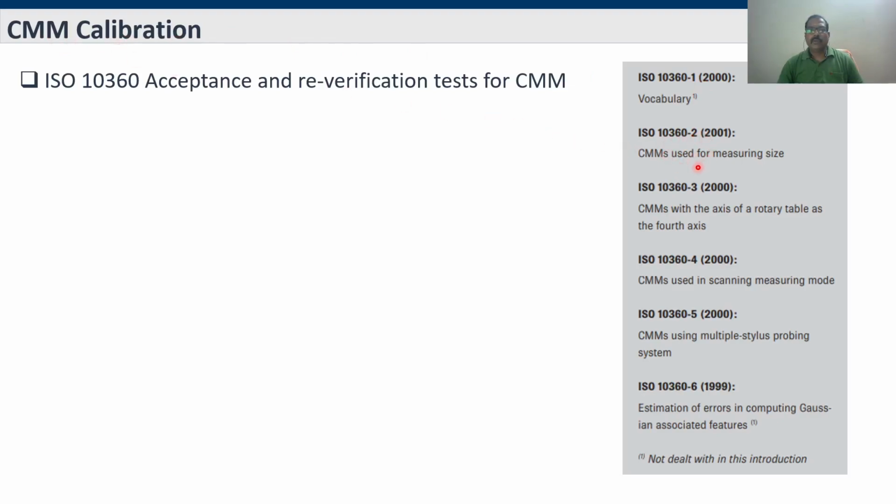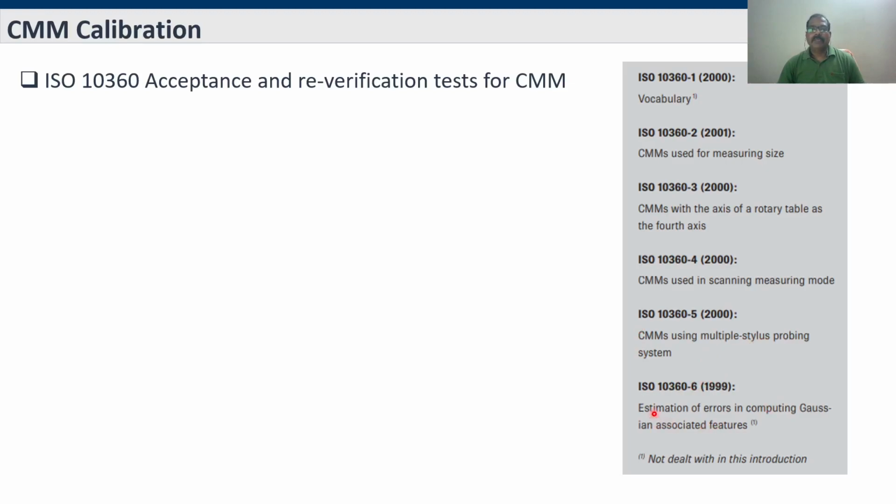Dash 2 explains CMMs used for measuring sizes, and CMMs with the axis of a rotary table as the fourth axis, so along with XYZ you will have one more axis. And CMM used in scanning measuring mode, dash 4 you can use. Dash 5 you can use for CMM using a multiple stylus probing system.